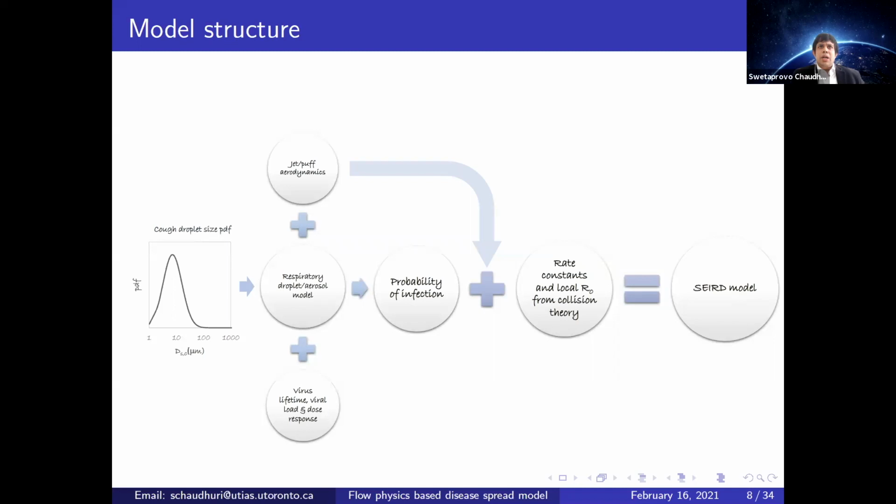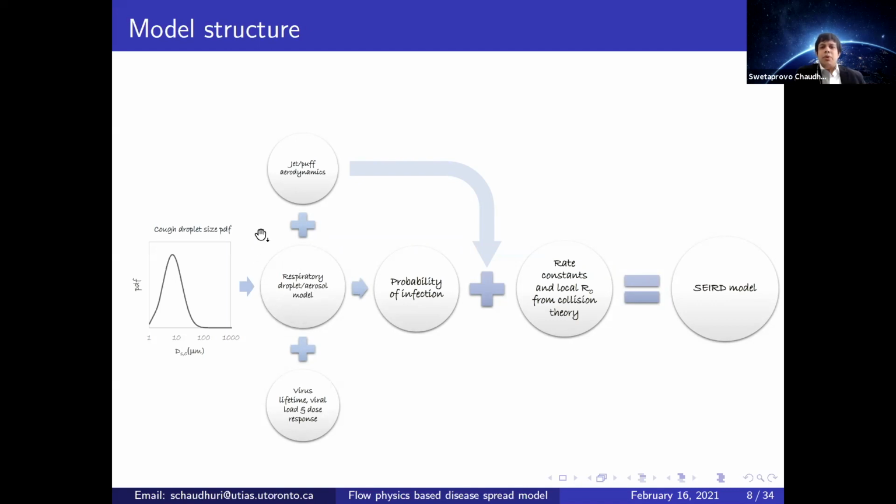Now, of course, it is to be recognized that the droplets do not get ejected individually or in isolation. A large number of droplets are ejected, but they are ejected in a gas cloud, as Bourouiba's work has shown. And so this respiratory droplet model cannot be solved in isolation.